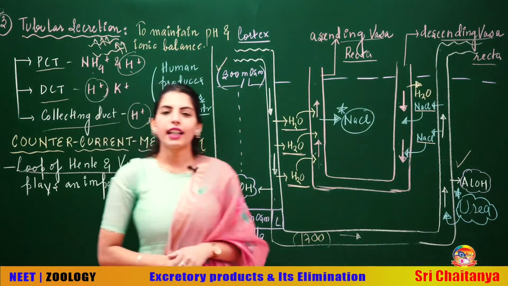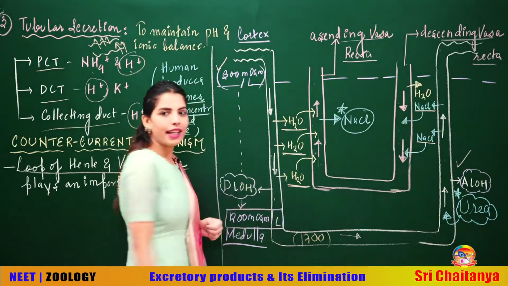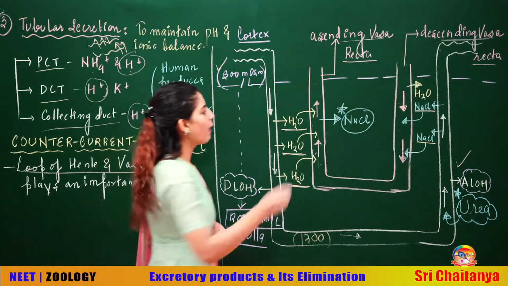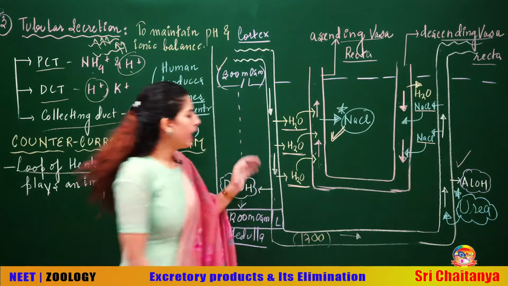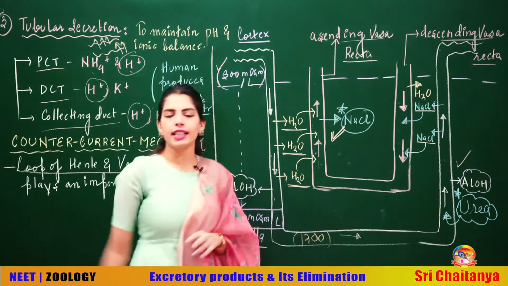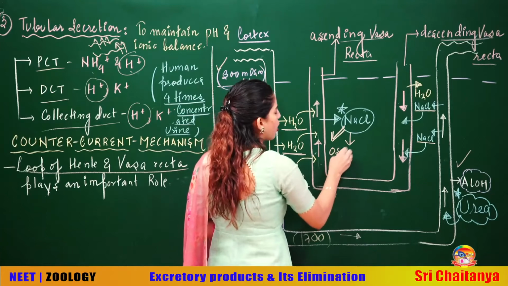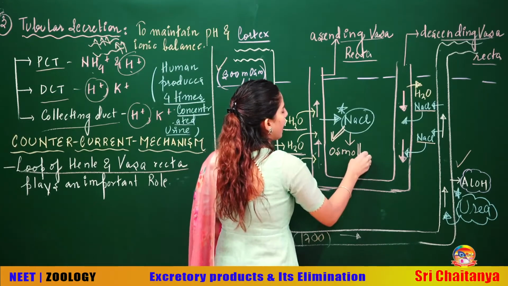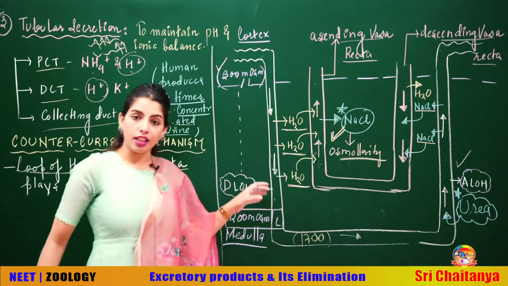Now the vasa recta which took all the water, that was your ascending vasa recta, is releasing a very important electrolyte, NaCl, in the space, in the interstitium. This NaCl is very important in maintaining the high osmolarity of the interstitium.